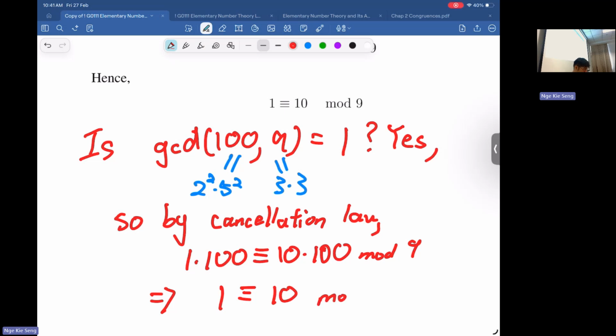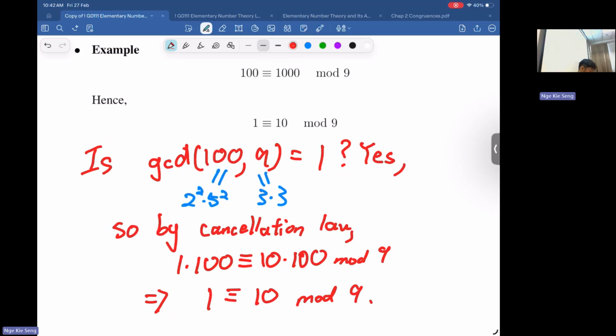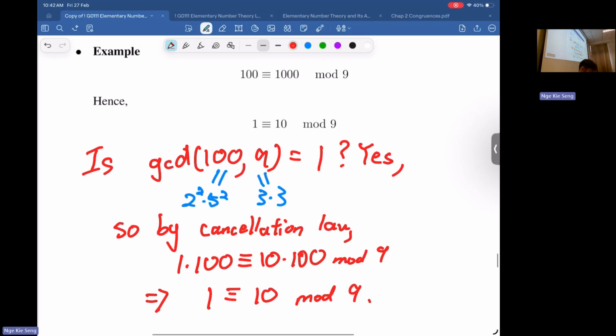You remove the C. Okay, so far so good. Any question? The GCD of C and M equaling 1 is really important before you do cancellation.